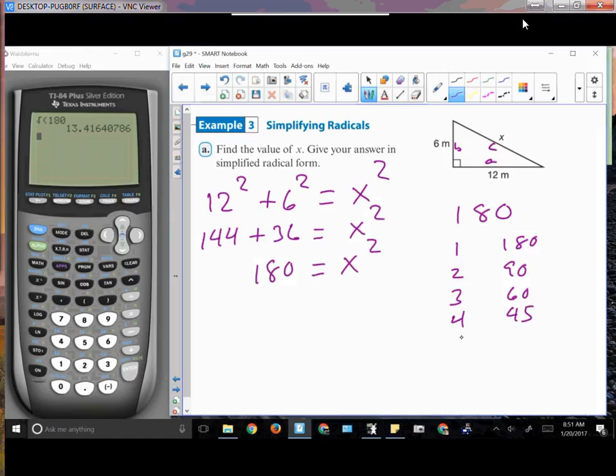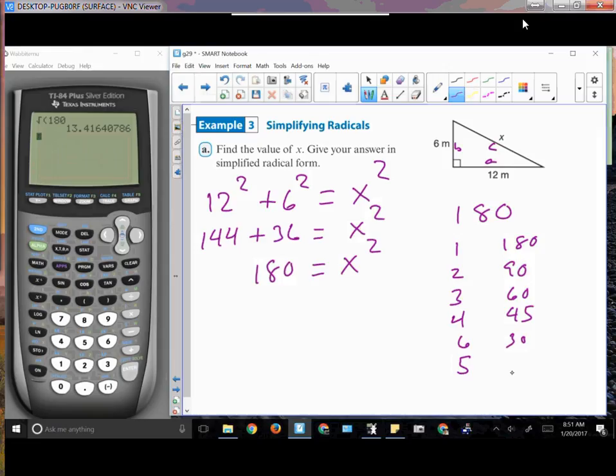Does 6 go into it? Yes, 6 goes into it 30 times. Does 7 go into it? Sometimes with 7 you just have to go through and check. That doesn't go. Did I miss a number? Yes, I did. 5. 5 goes into 180 how many times?